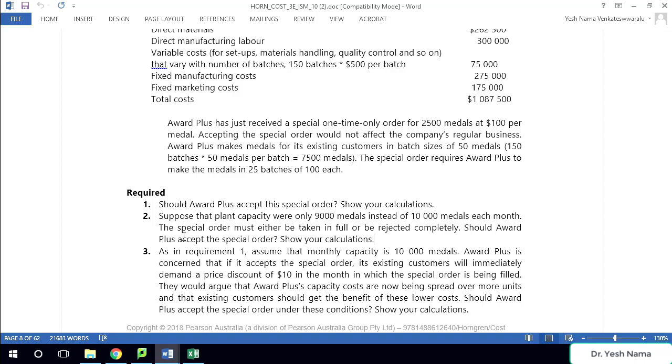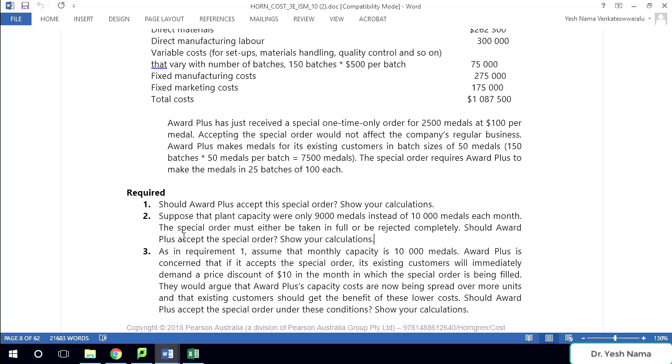Earlier the capacity was 10,000, but now the capacity is 9,000. Your regular business is 7,500 medals. Special order is 2,500 medals. So if you accept the special order, you will have to forego 1,000 units of your regular order. So your revenue from the regular order will go down.